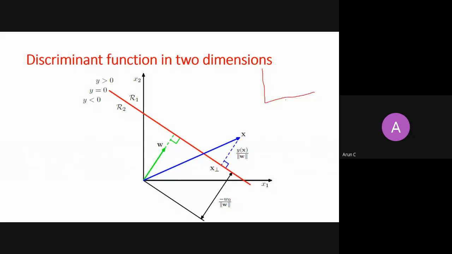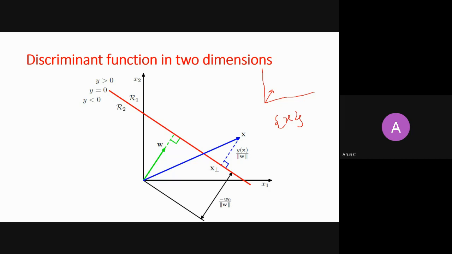So now I have a unit vector W. I take the set of all those vectors x. There can be millions of vectors.